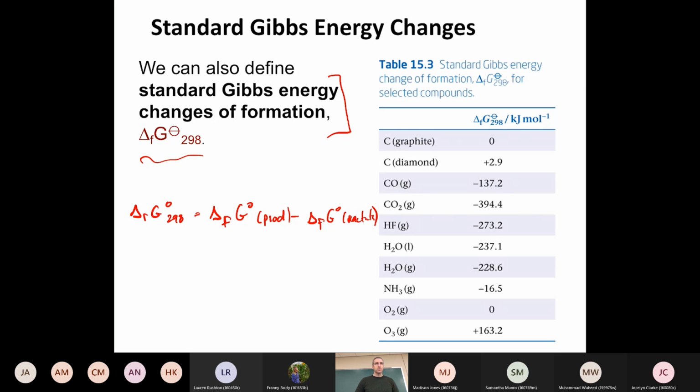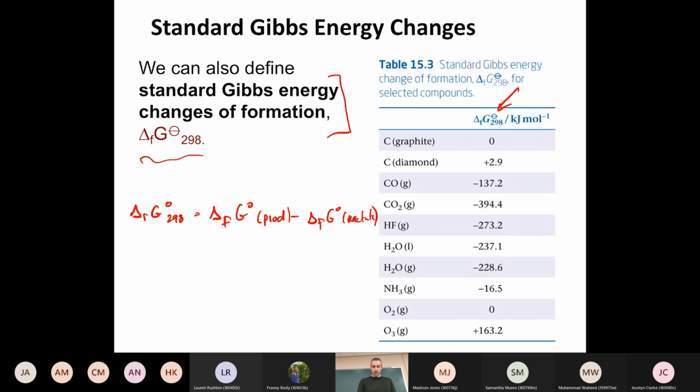Now, you can do it this way. I will say that this information is not nearly as valuable as the delta H and the delta S that you find in tables. And the reason is that the delta H and the delta S values will change a little bit when you change the temperature, but not maybe that dramatically.